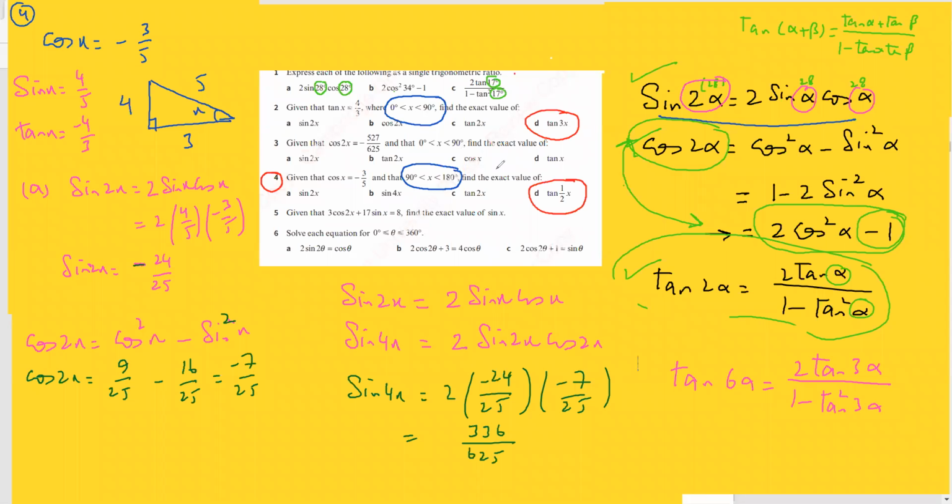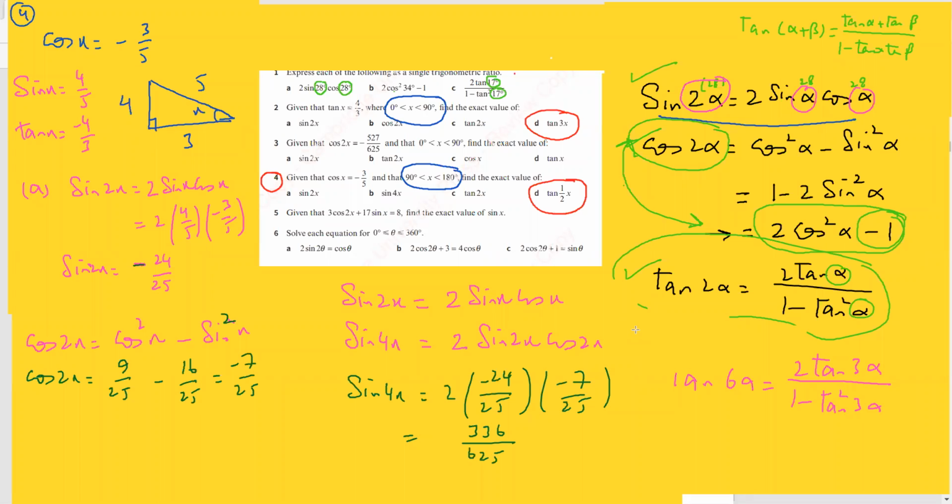Look at this, in the same question, you have to find the tan 2x. So you can use this identity here. And then it says tan half x. Let's find that tan half x.